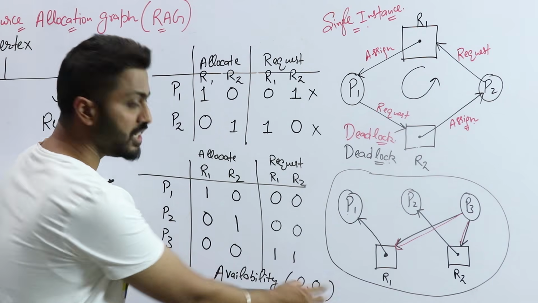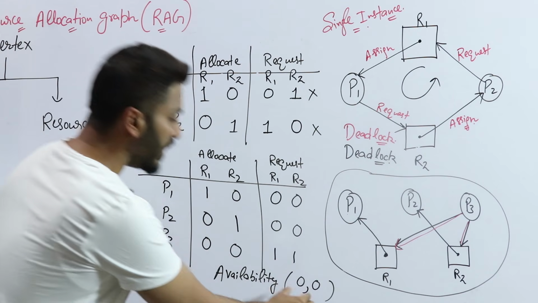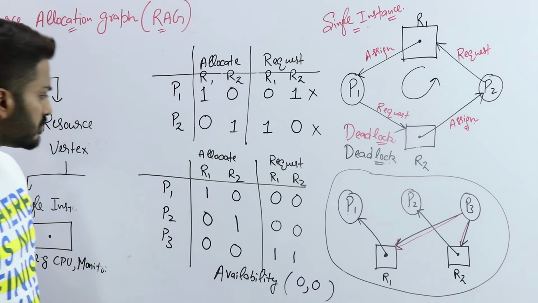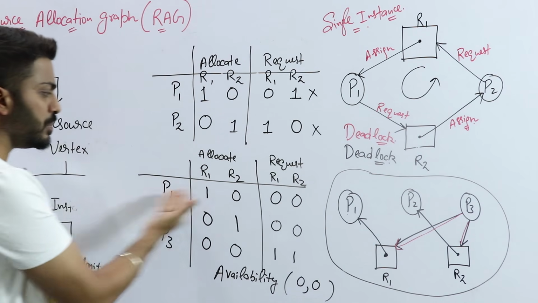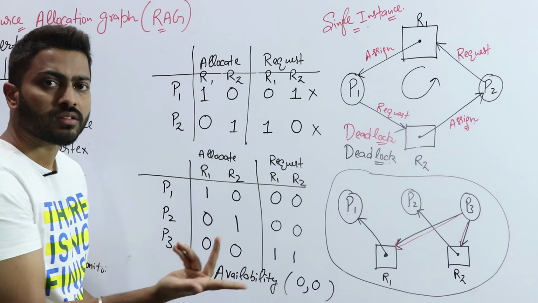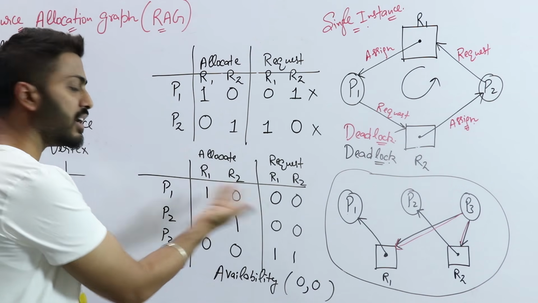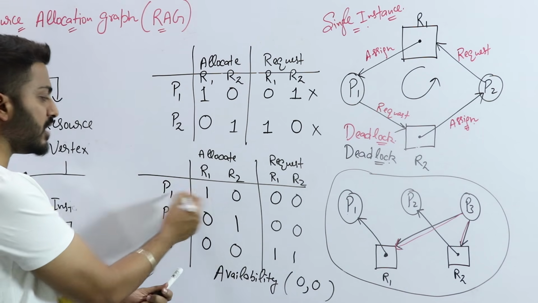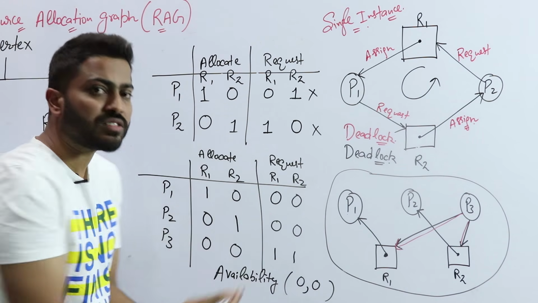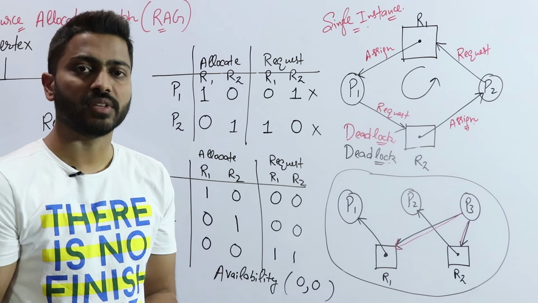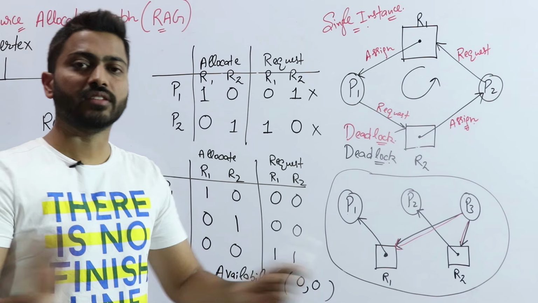So the availability is 0. But by using that availability, can I fulfill any request? Yes. P1 is requesting nothing. If it is not requesting anything, it will get executed, because P1 has R1 and is not saying it needs something. If it is not saying it needs something, it will simply execute.